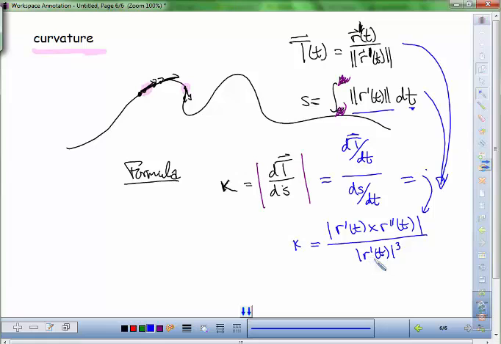So that has an r prime of t in the denominator, and then by doing this chain rule, quotient rule business, there's going to be an r prime squared, and somehow the top gets simplified to look like this thing. Okay, so let's not worry about how to get that. Let's just say this is our formula for finding the curvature.